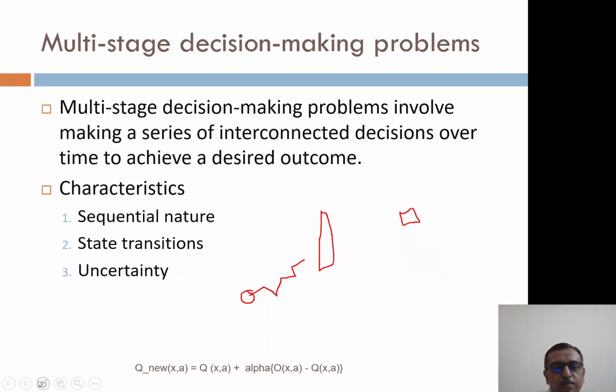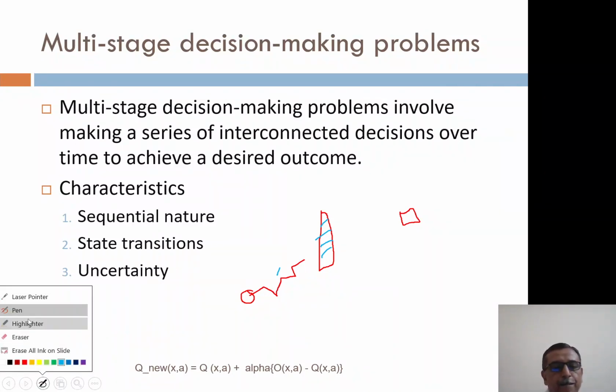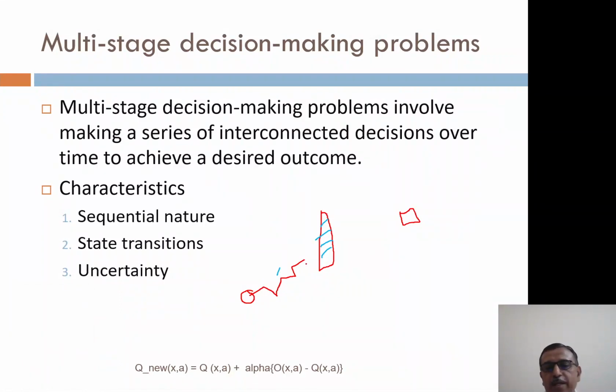I'll put a color. This is an obstacle. When it sees the obstacle, it has to take a detour. Take action.